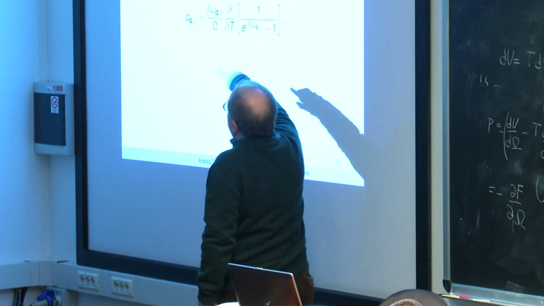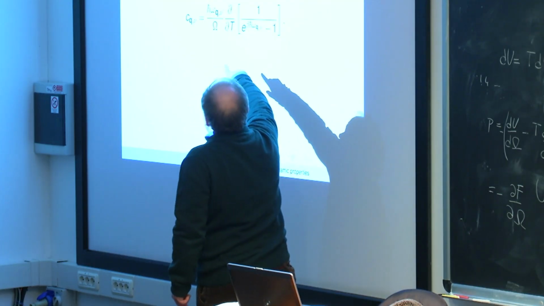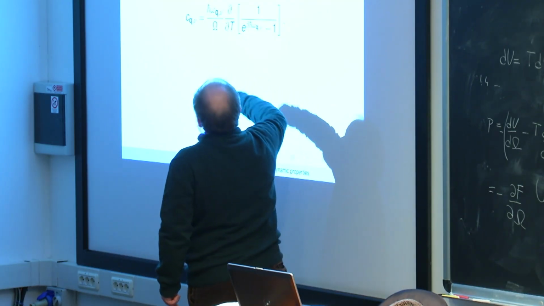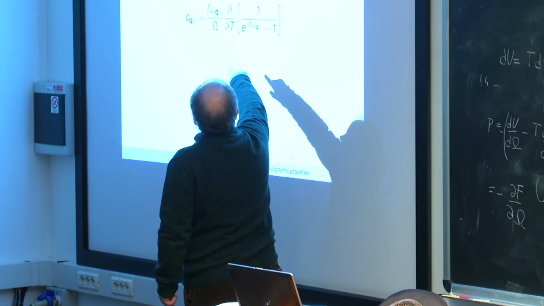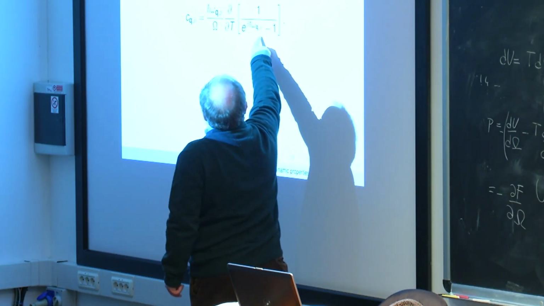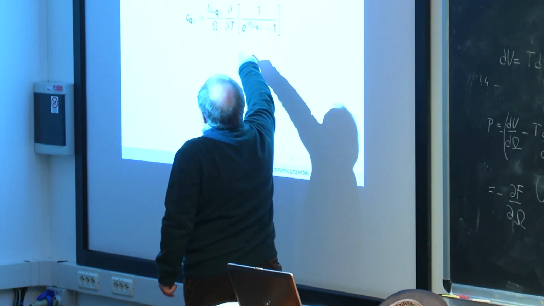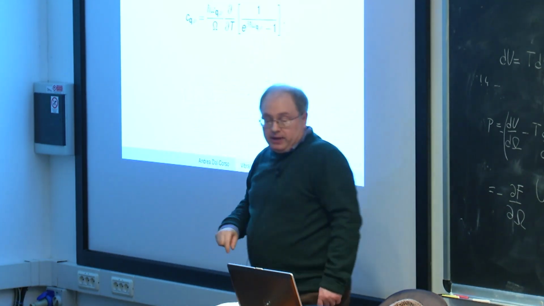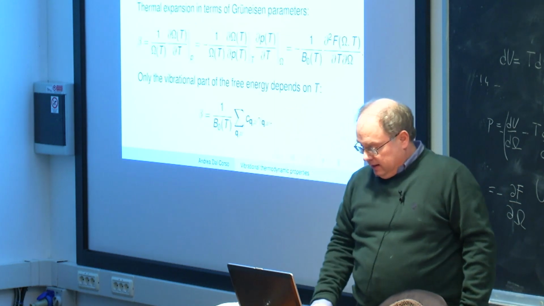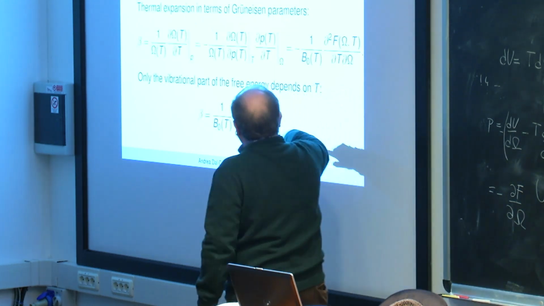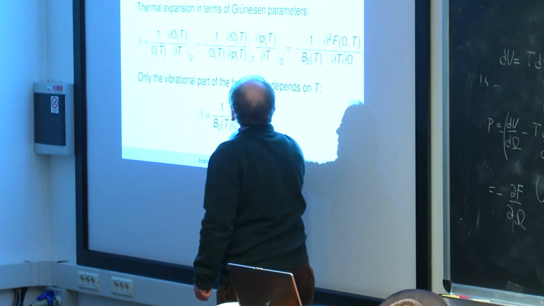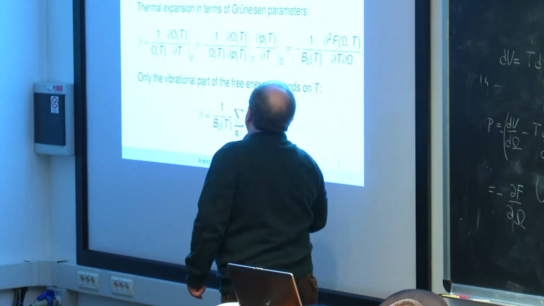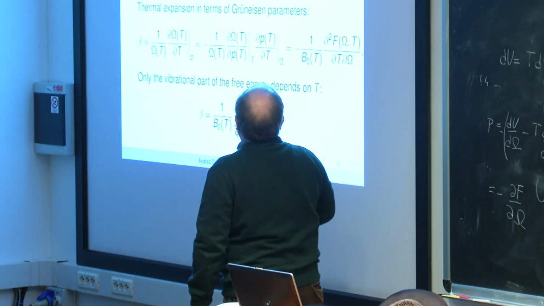that enters in the expression of the constant volume specific heat capacity, an expression like this in terms of the phonon frequency, you can calculate the thermal expansion with the product of the Grüneisen parameter and this CV coefficient, and dividing by the bulk modulus.